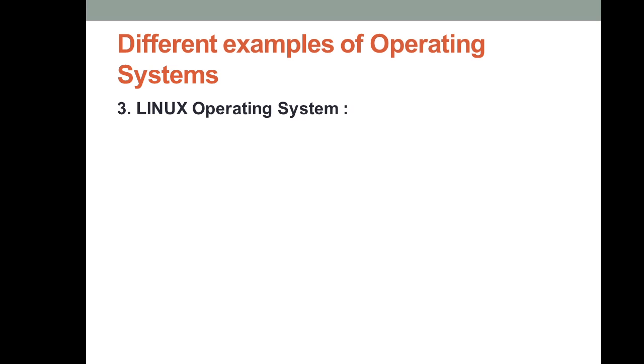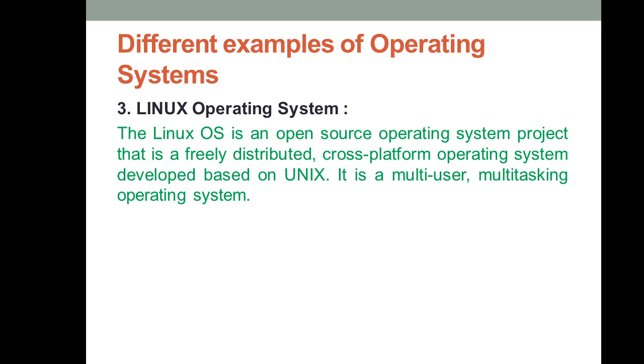Linux is an open source operating system project, and it was freely distributed, and it is a cross-platform operating system which was developed based on Unix. It is a multi-user and multitasking operating system, meaning a number of tasks can be done in this operating system, and a number of users can use this same operating system.